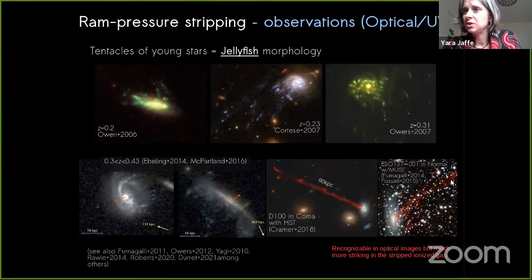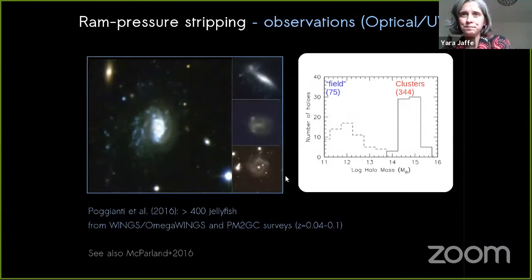And the H-alpha emission is shown in red, and this is essentially showing that the ionized gas can be a very extended component of the stripped galaxies that we don't easily see in broadband optical images. This case in particular, the one in Coma, it's a very long tail, 60 kiloparsecs long, and very collimated tail as well. And we will see later how this collimation can be explained with magnetic fields.